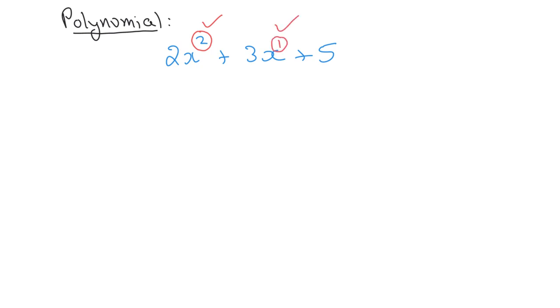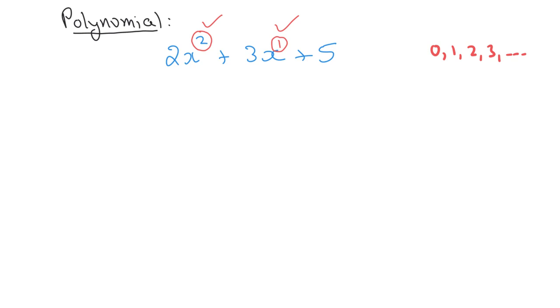So now, are all the powers of the variables whole numbers? You know what whole numbers are? 0, 1, 2, 3 and so on. Are all the powers of the variables whole numbers? Yes.